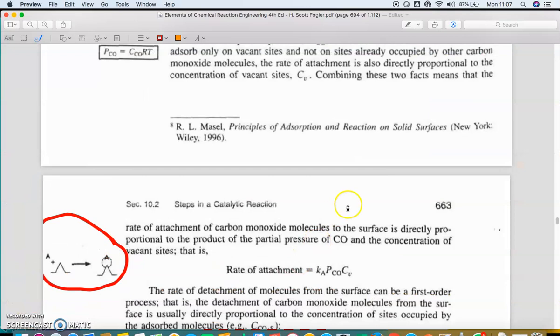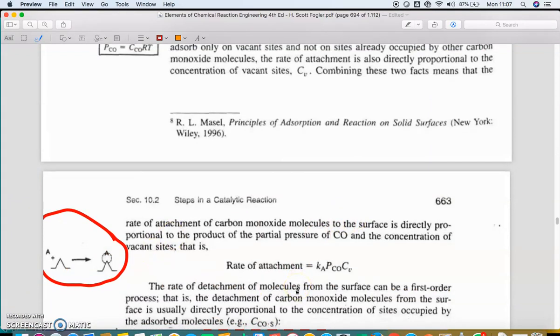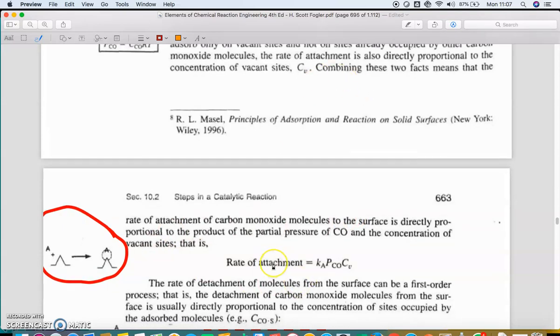Let's have a look at your textbook first. How can we describe a rate law for the adsorption part? This is how it will be. The rate of attachment is Ka, like deriving an elementary reaction rate when you learned in CRE 1. Ka is your adsorption constant.